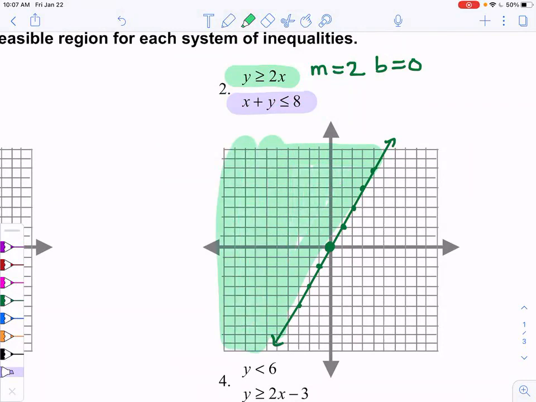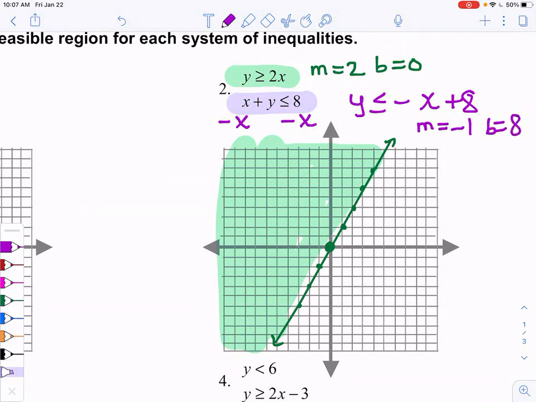For the second one, in purple, I need to get x to the other side so that y is by itself. This is negative x plus 8. The slope is negative 1, and the y-intercept is positive 8. So my purple line begins all the way up at 8, and then the slope is down 1, right 1.